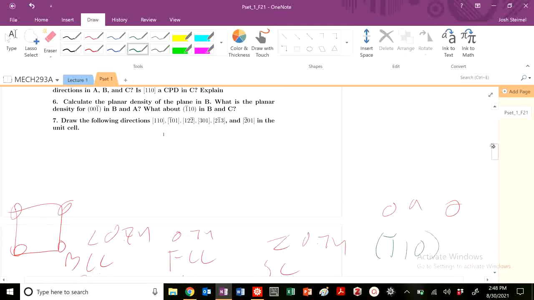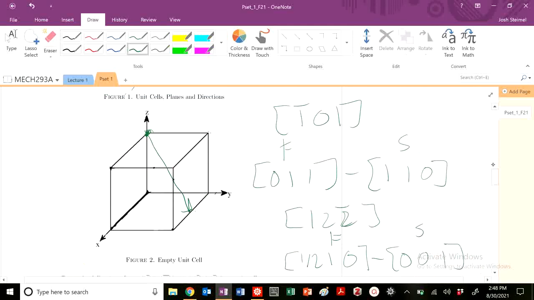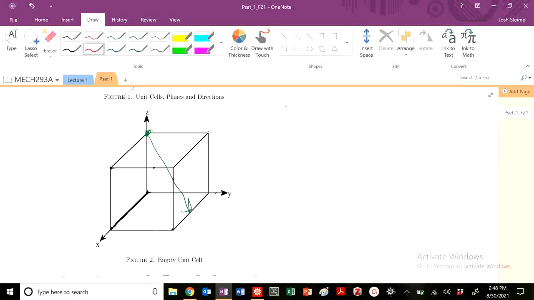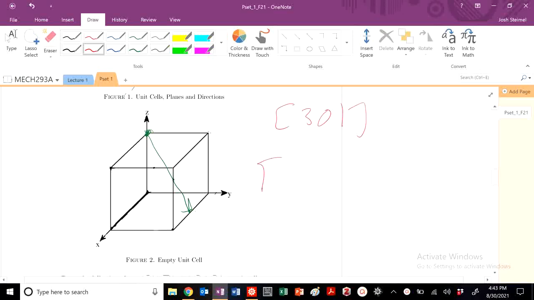So 1, 2, 2, how about 3, 0, 1? Let's do, I'm going to switch to red here. Let's draw 3, 0, 1. I'm going to do my finish, let's say 1, 1, and then a third, minus 0, 1, 0.